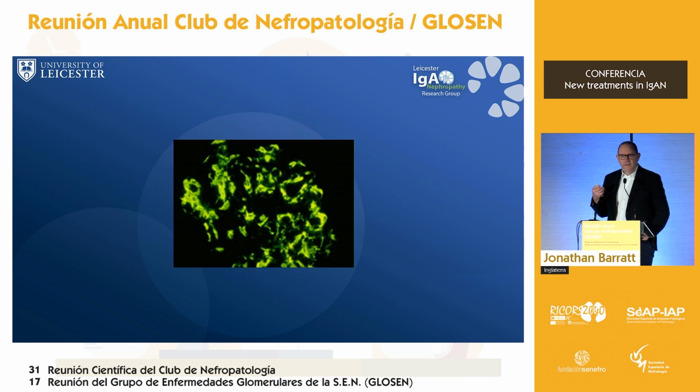But of course, the fundamental common feature that we see on the kidney biopsy is the mesangial deposition of IgA immune complexes. And we cannot distinguish a kidney biopsy from IgA nephropathy from IgA vasculitis, and often the pathologists will ask, has the patient got a skin rash? Because it's not written on the form.